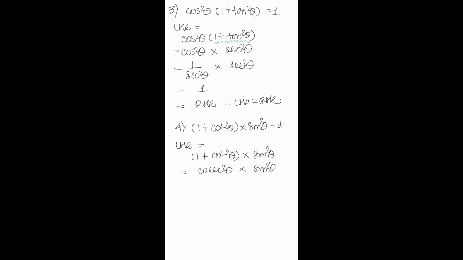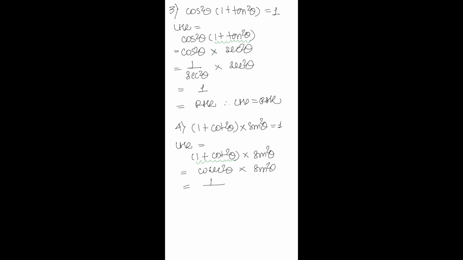I hope you people remember that. Identity number 3: cosec square theta is equal to 1 plus cot square theta. And now once again, you see cosec and sine are reciprocals of each other. So cosec square theta and sine square theta are reciprocals of each other. So change one, we will change cosec square.